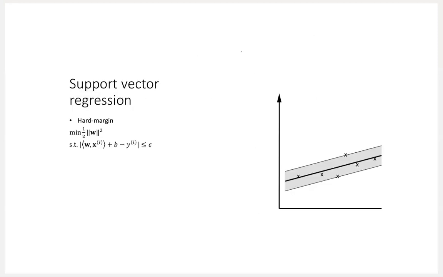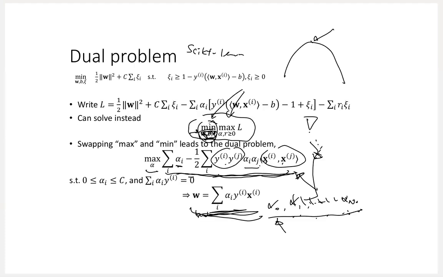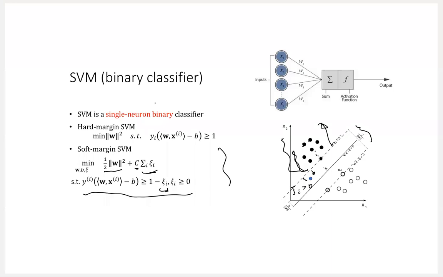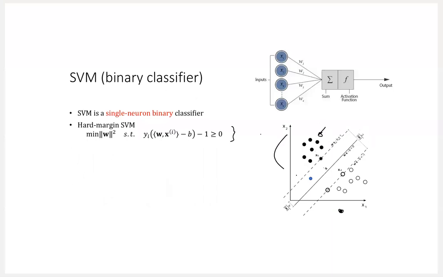By the way, just to mention that the original SVM is formulated as a binary classification problem. We only have two classes here. And we mentioned last time that in machine learning, or more precisely for supervised learning, you are essentially fitting a model.